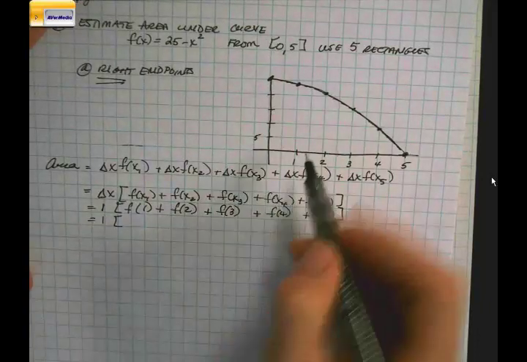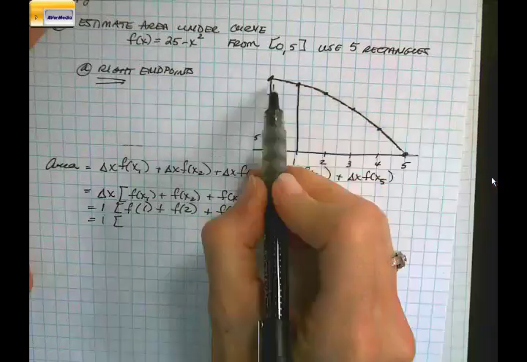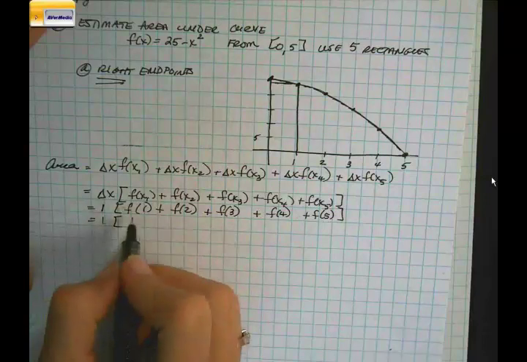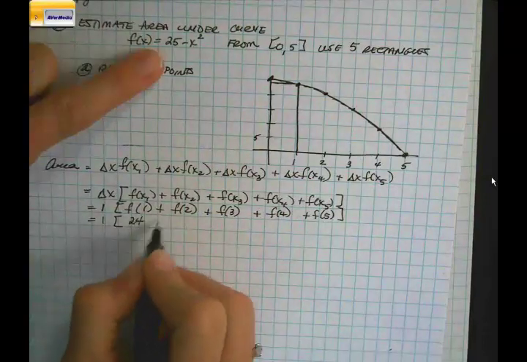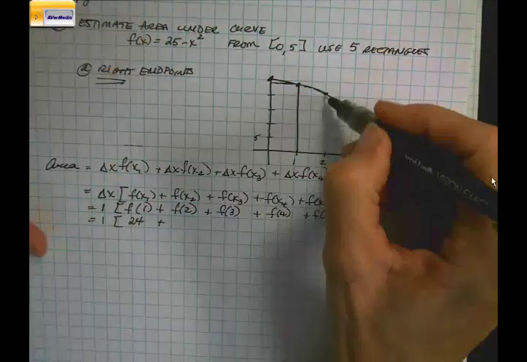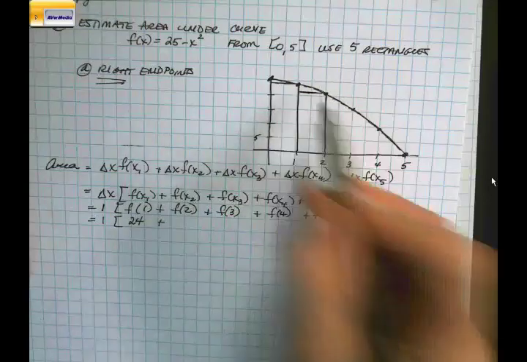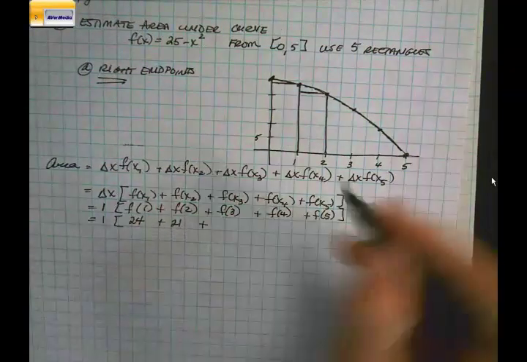So this is 1 times f of 1, this is your height. When you draw it, here is your height. You're just a little bit under the curve. So your height there, f of 1, is 25 minus 1 squared, which is 25 minus 1, which is 24. Your height at 2, right here, is 25 minus 4, which is 21.